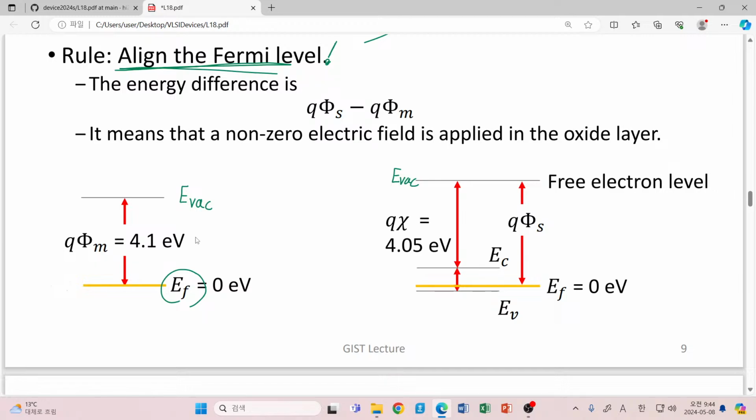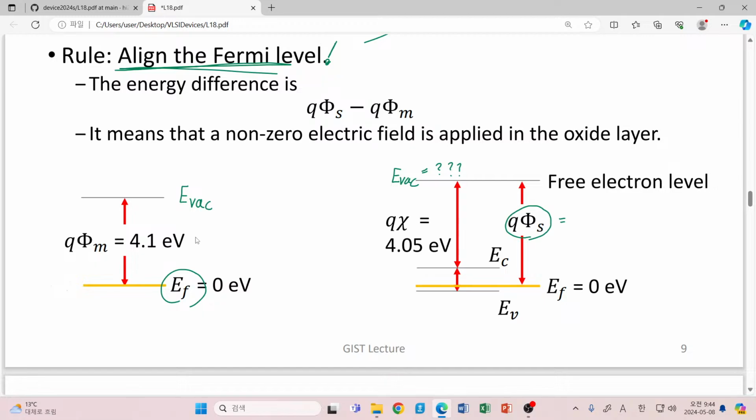So of course, what is the actual value of this vacuum level? Then it would be the answer right now, because the semiconductor work function contains these two quantities.